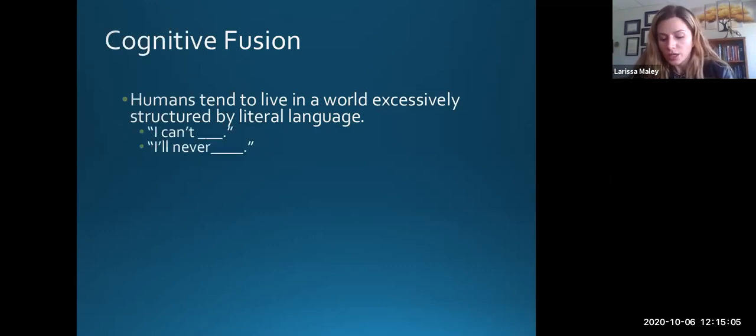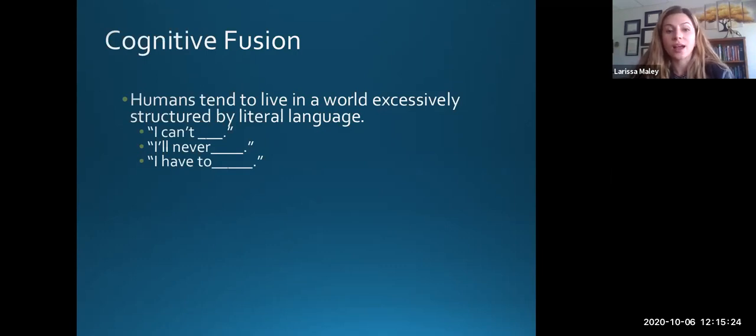So you hear this in patients all the time, these kind of like rules that they live by, like I can't, I never, I have to. And what ACT helps people do is to deconstruct that. So essentially, individuals have more say or more control over their reality.